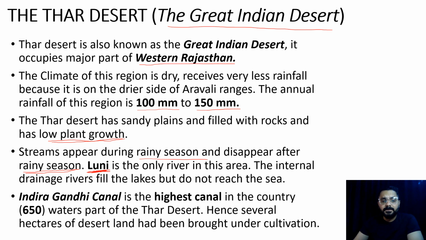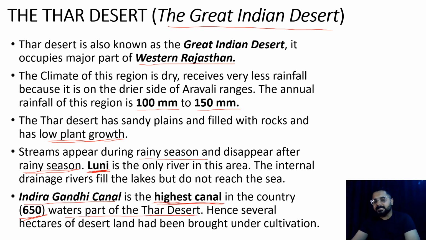There is also one more thing that you need to remember about the Thar Desert, that is the Indira Gandhi Canal. This is the country's longest canal. It is believed that this canal is about 600 kilometers in length. This is the canal that waters most of the Thar Desert.